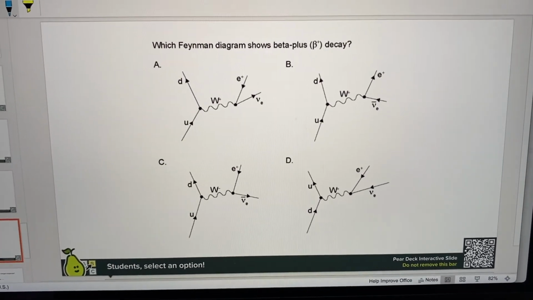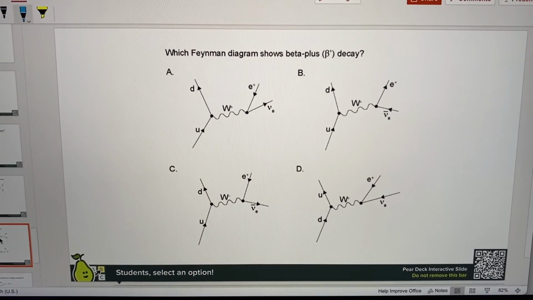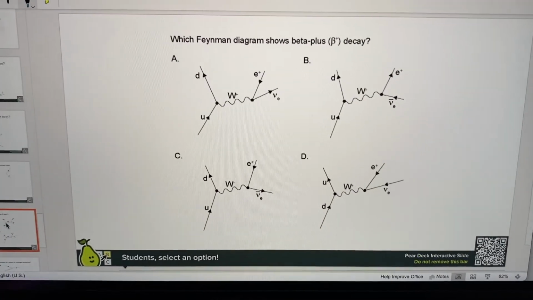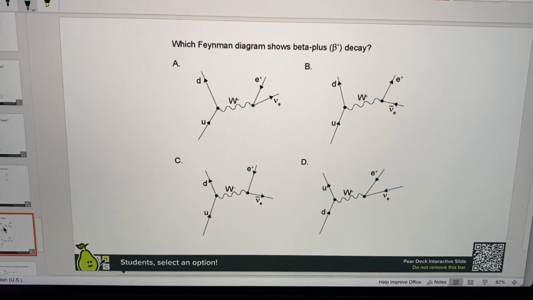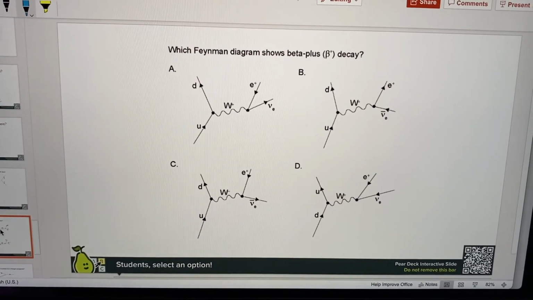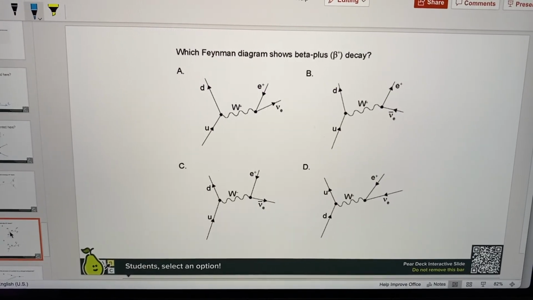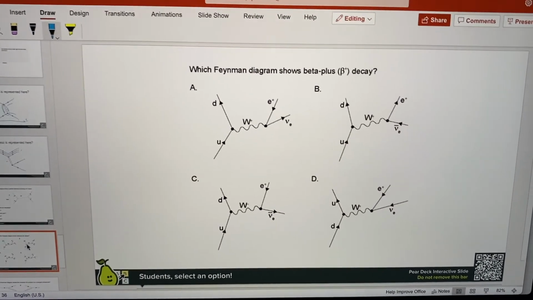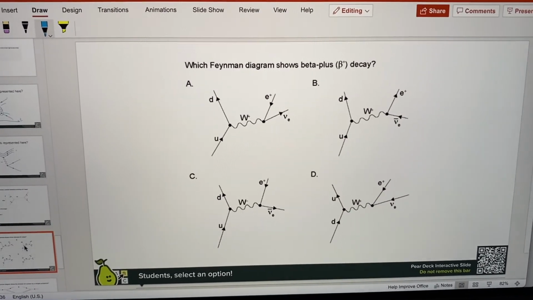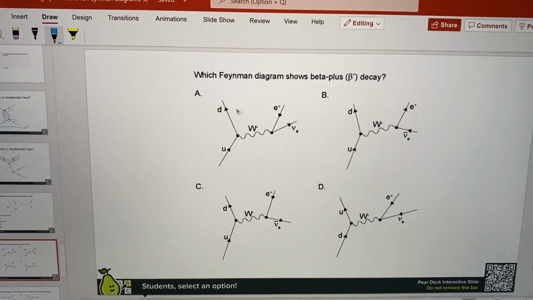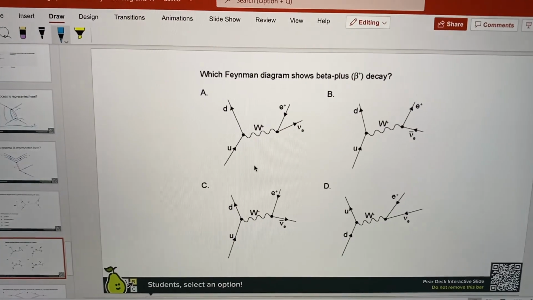So hopefully you can see the answer is A. We've got an up quark from a proton converting into a down quark so that we're left with a neutron. But this time we're going to need a positron and a neutrino created. So it's basically the opposite of a beta minus decay. So that one is A.